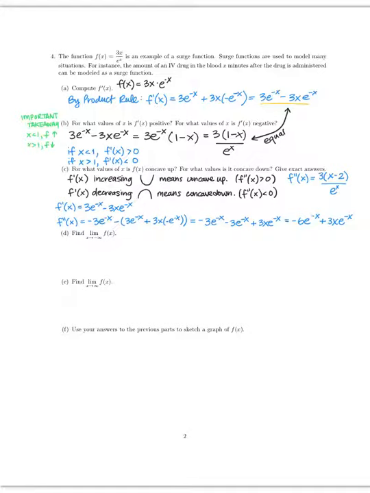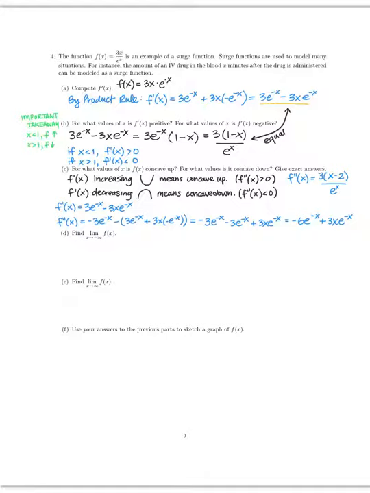Now, similar to how we went from this expression of the first derivative to this expression of the first derivative, I noticed that both 3 and e to the negative x are common factors in both of these terms, and I factored them out. Now I've expressed it as a fraction down here in the denominator and factored out the 3, and now all of a sudden I'm looking at just x minus 2 as the factor that's controlling the sign of this second derivative.